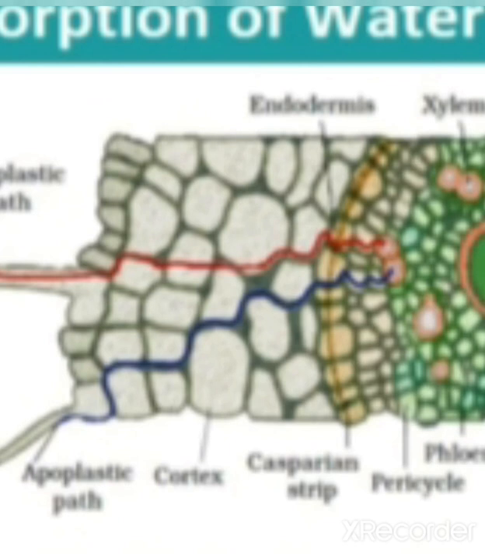The water movement through the root layer is ultimately symplastic in the endodermis. This is the only way water and solutes can enter the vascular cylinder.